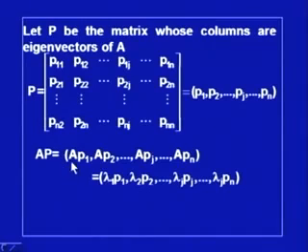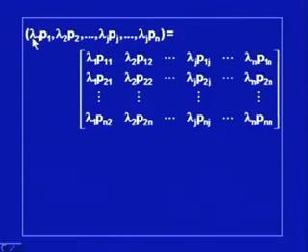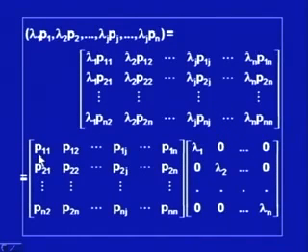Now, AP will be Ap1, Ap2, Apj, Apn, this we have already explained. And now, Ap1 is equal to lambda 1 p1, Ap2 is equal to lambda 2 p2, and so on. So, we can say that Apj is equal to lambda j pj, and from here lambda 1 p1, lambda 2 p2, lambda j pj and lambda n pn is equal to this matrix. This we have already seen. So, it is nothing but p11, p21, pn1 the first column, p12, p22, pn2 the second column, and this is multiplied by this matrix.